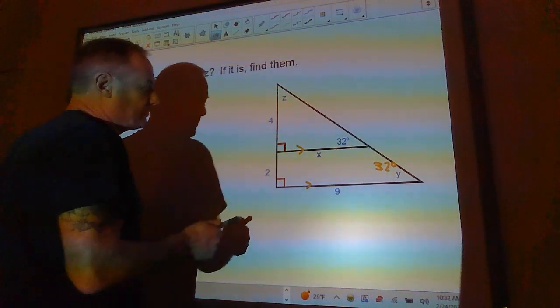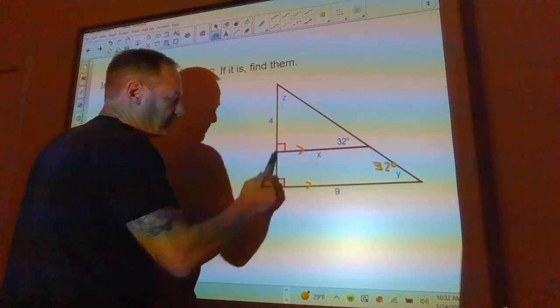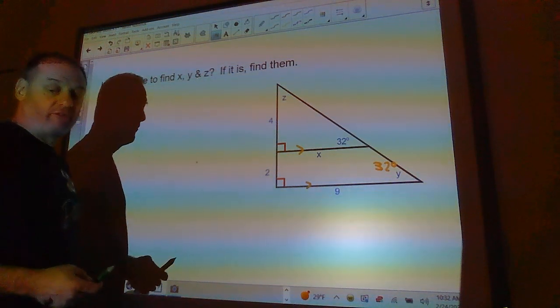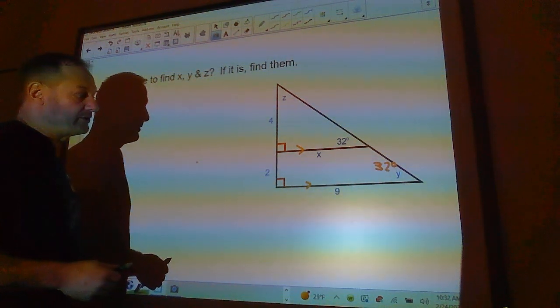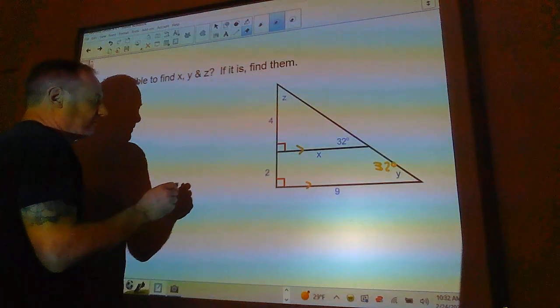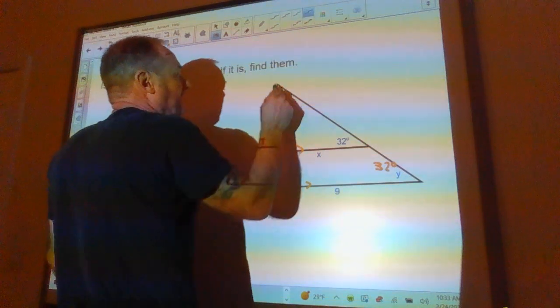Okay, now I've got a small triangle right here, and I've got a big triangle right here. Sometimes it's helpful to separate those. It takes a little bit of work, but whatever helps you get it right, right?